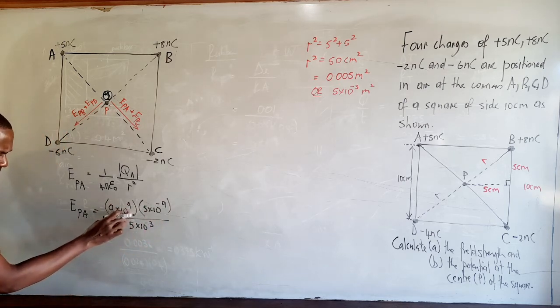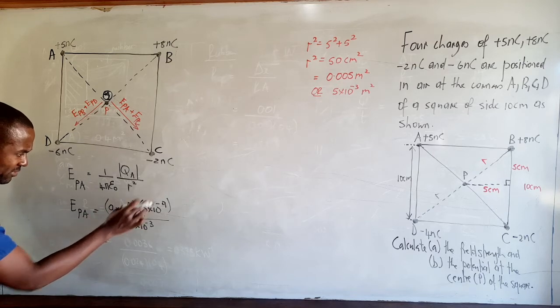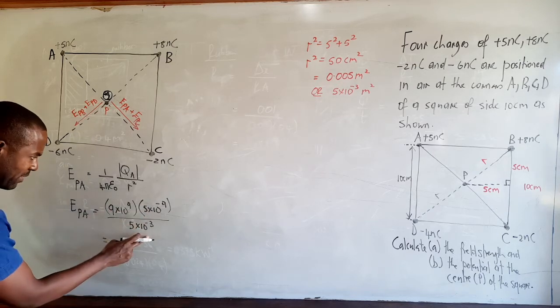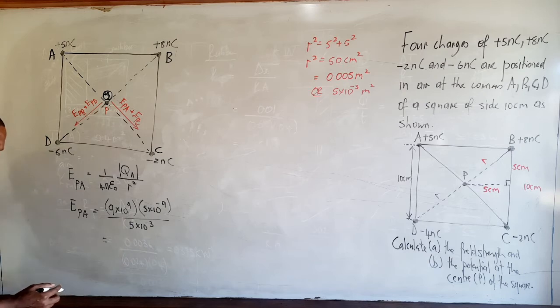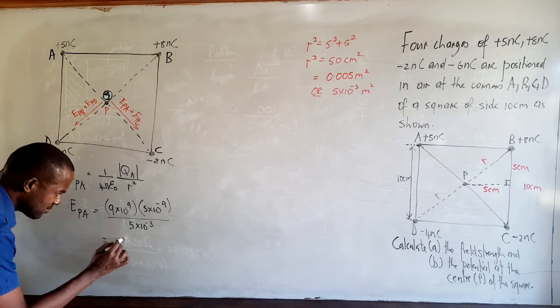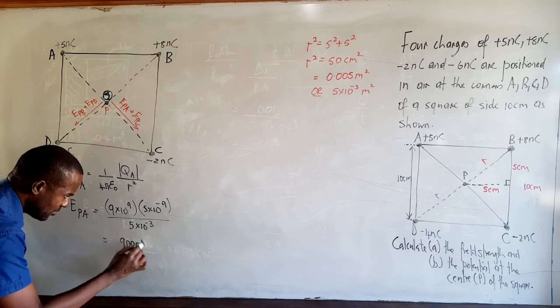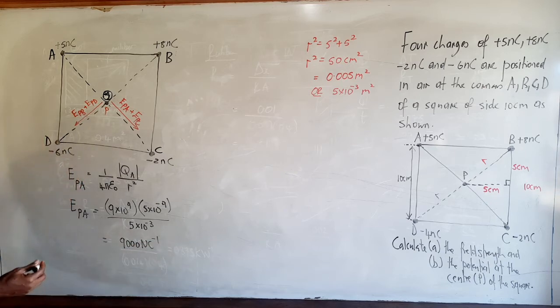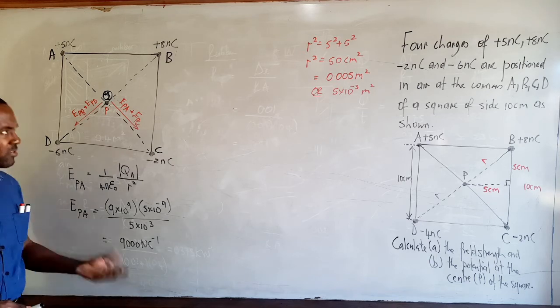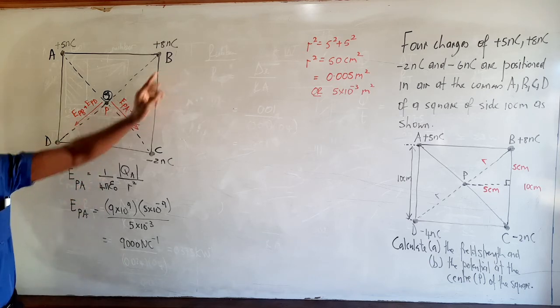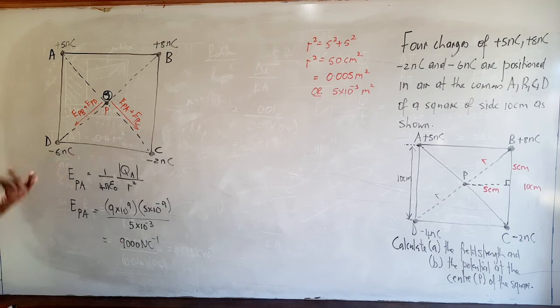The exponents will cancel, so 9 5s is 45. 45 divided by 5 times 10 to the minus 3 should give us 9,000 newtons per coulomb. So therefore the field strength at P due to A would be 9,000 newtons per coulomb. And of course we'll proceed and find the values of EPB, EPC, EPD, and so on.